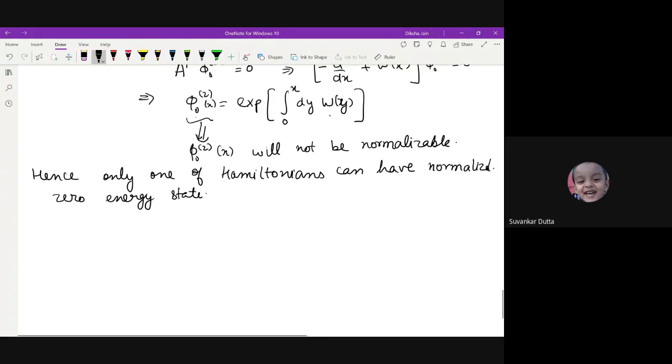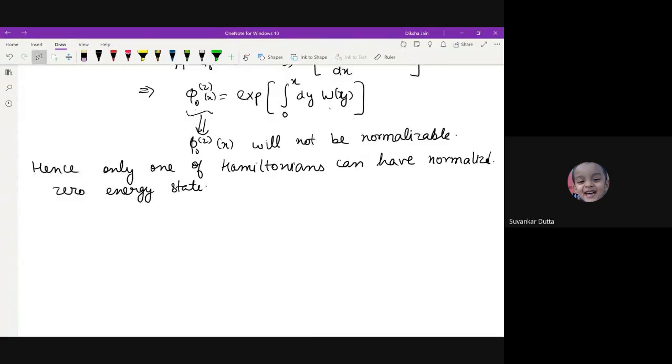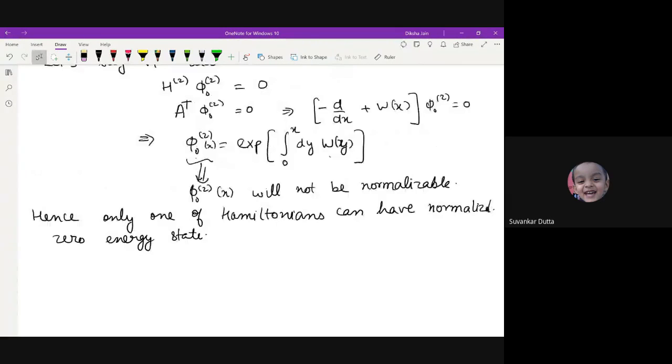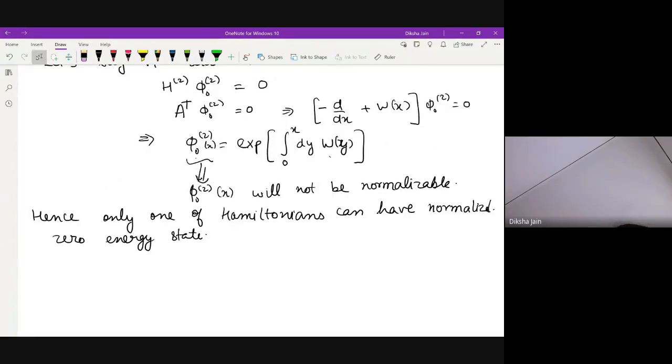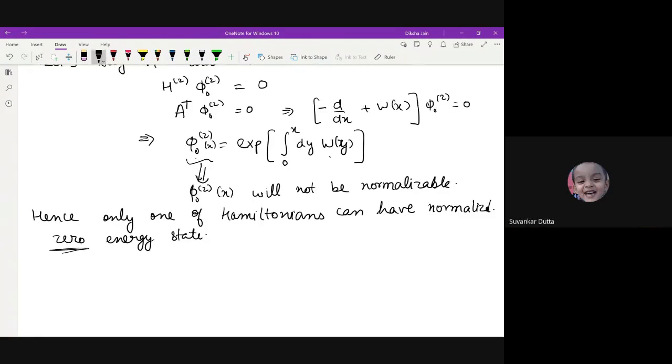So this means only one Hamiltonian has the normalized ground state. No, the other one will have a ground state, but it will have non-zero energy. I'm saying only zero energy. But let's say ground state, for example the harmonic oscillator. The ground state does not have zero energy, but I can shift, right?